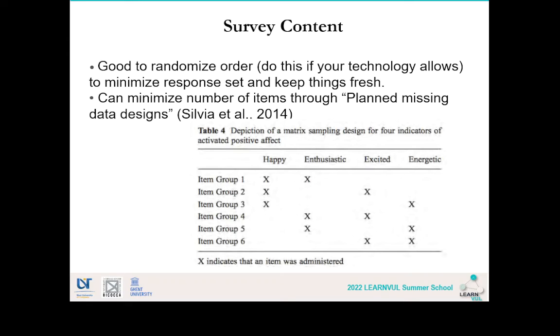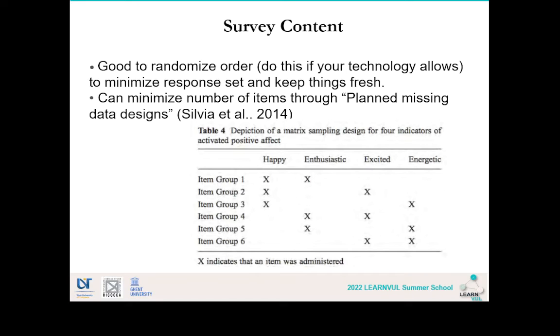Also for surveys, we did a study showing that when you're measuring emotions, instead of asking the same emotions over and over, you can have a set of items, and depending on the time or the data point, you assess some of them or not.